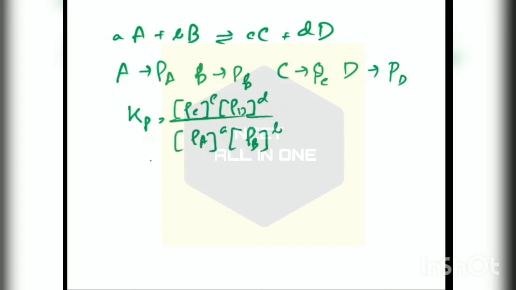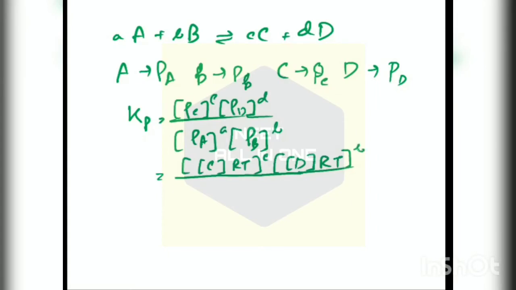Now from this we can also derive the relation between Kp and Kc. If we write it like this, and here also, now all of you are thinking what happened here.